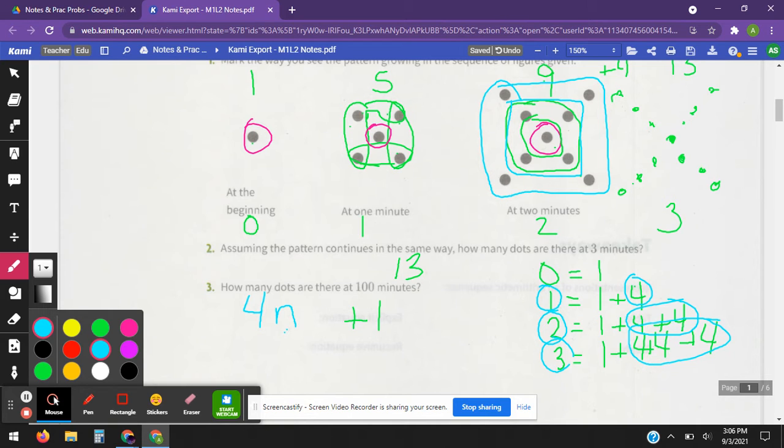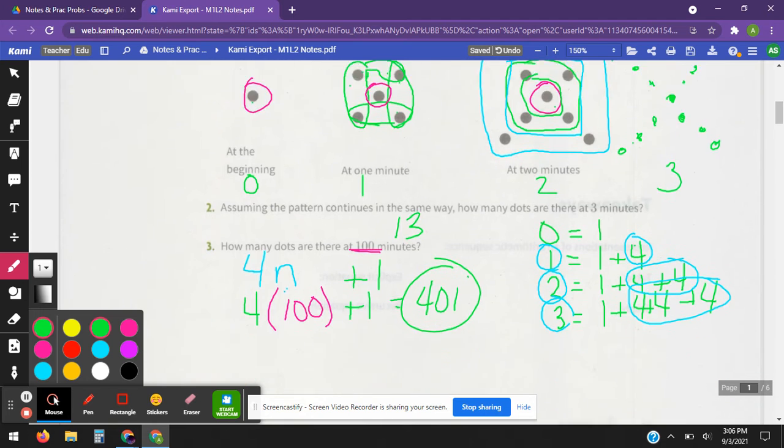So that means if I substitute in my 100 minutes, I'm going to have 4 times 100. So I'm going to have 100 sets of 4 over here, plus 1, which equals 401. It's kind of my thought process on there.